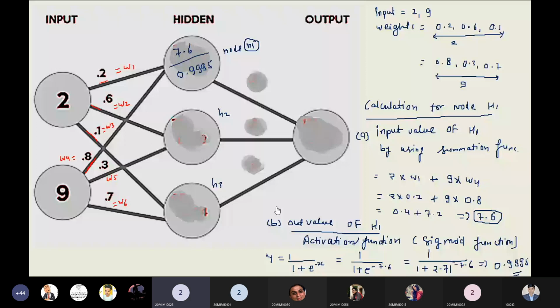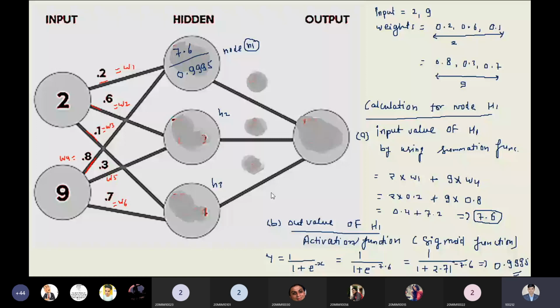Sir, for H2 it is 0.98. You just calculate all the values and then tell me the final value after 10 minutes. Sir, calculated, sir. Okay, you have calculated all the values, so no issue. I can accept your point.